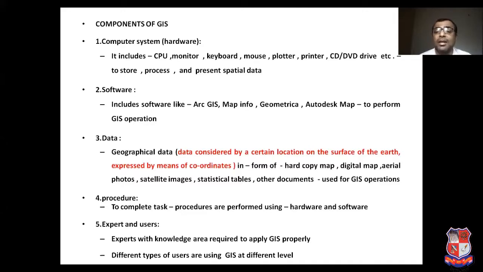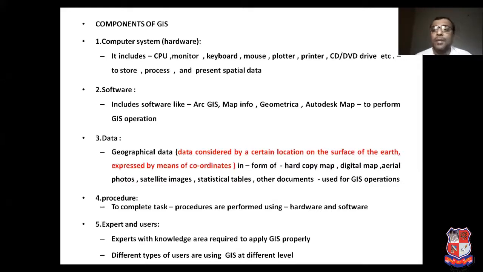Geographical data are required in the form of hard copy maps, digital maps, aerial photographs, satellite images, statistical tables, and other various documents which are required to perform the GIS operations by means of a computer system.